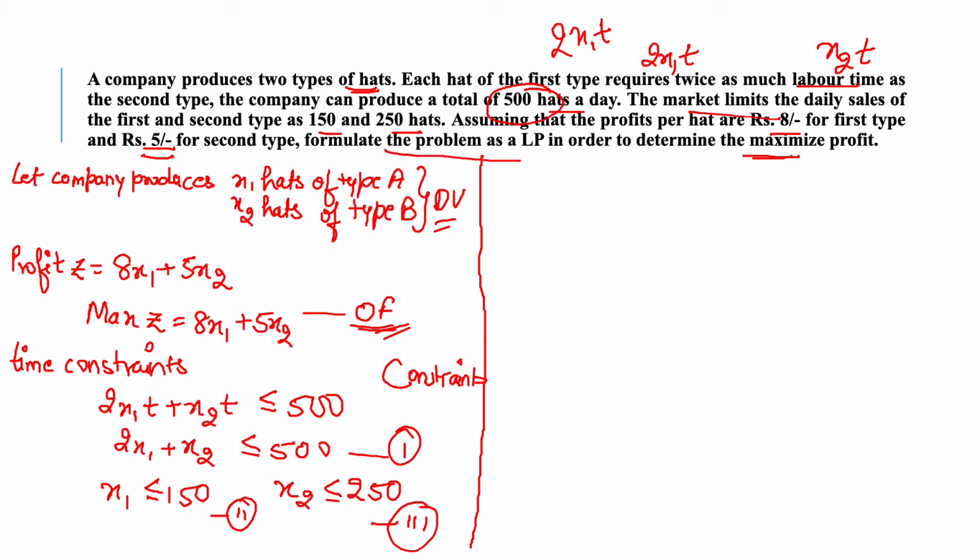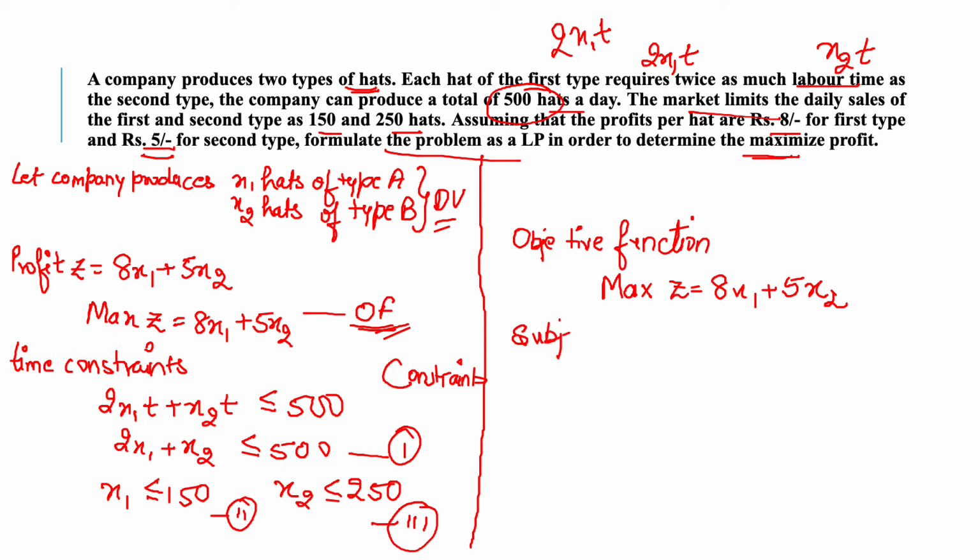Okay, so how we can write it? We can write it as objective function: my objective function is to maximize z equals 8x1 plus 5x2 and subject to constraints.